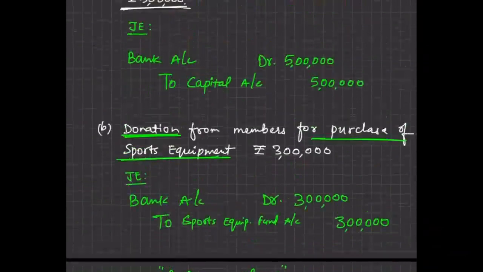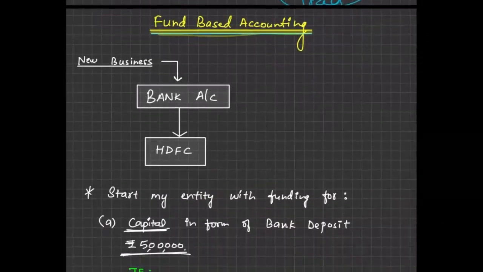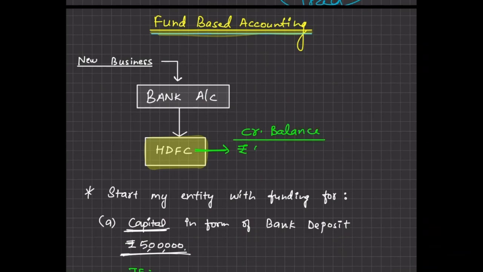But does my bank know this? Does my bank know that I have two funds? Answer is no. My bank will show a credit balance in my bank account. The bank will show a credit balance of rupees 8 lakhs. The bank does not know that 5 lakhs is capital and balance 3 lakhs is sports equipment fund.